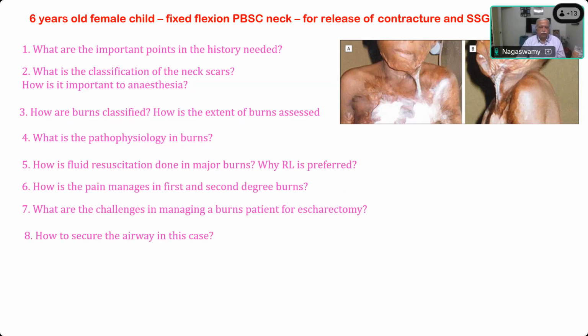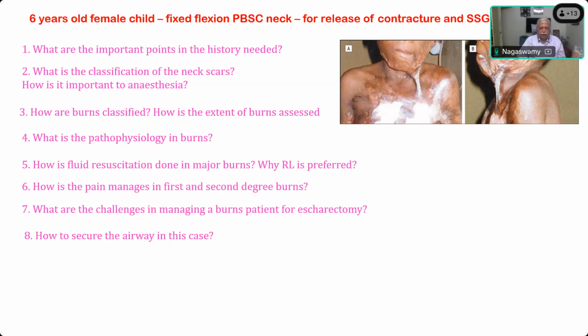You cannot just do awake without topicalizing or anesthetizing the airway. But a 6-year-old female child, will they cooperate? No, sir. We can go for asleep fiber optic intubation. Like mild sedatives can be given. So you can sedate.